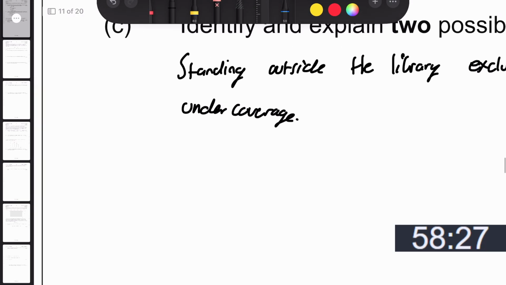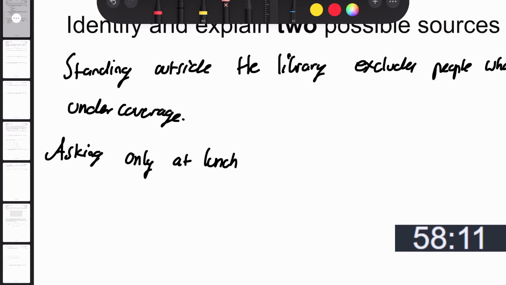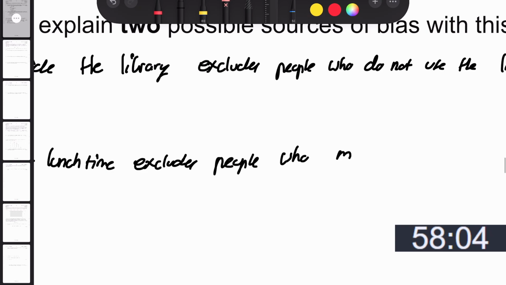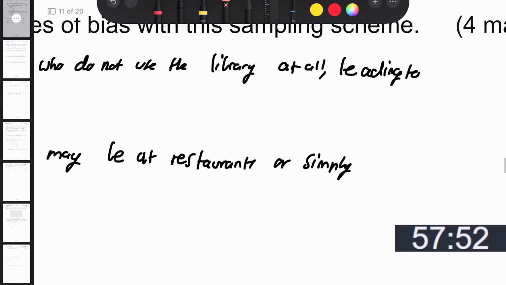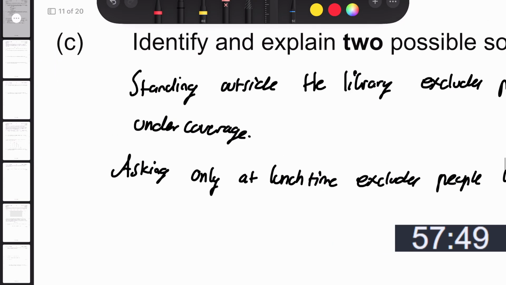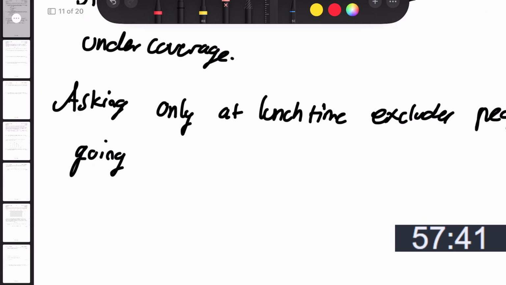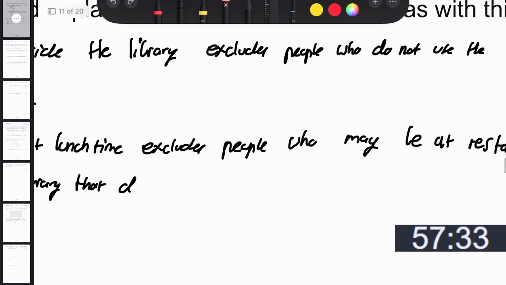And then again, asking only at lunchtime excludes people who may be out, who may be at restaurants, or simply won't be going to the library that day, leading to undercoverage.